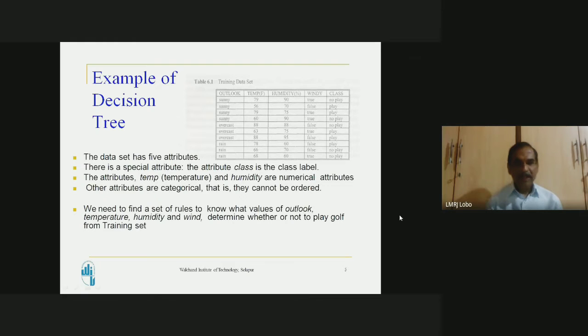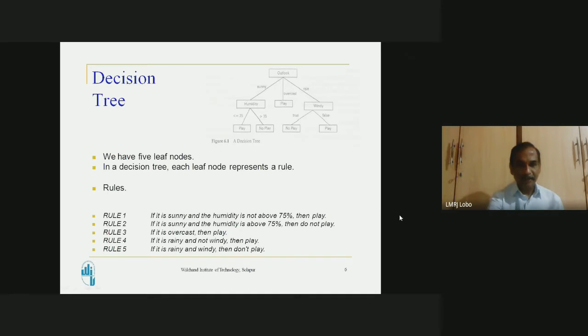We need to find out the set of rules: what values of outlook, temperature, humidity, and windy determine whether or not to play golf from the training set. So we draw the particular tree, and we have 5 leaf nodes in this particular tree.